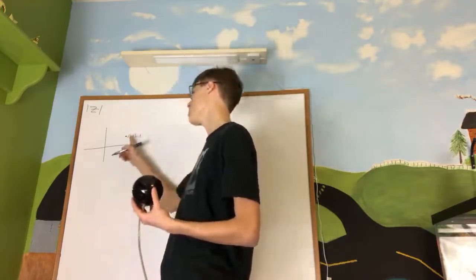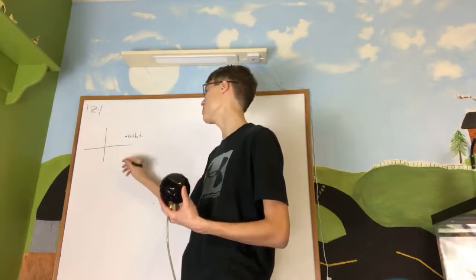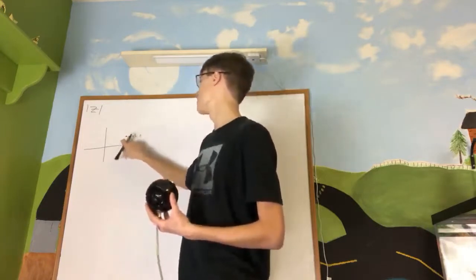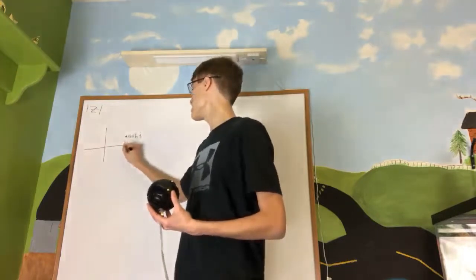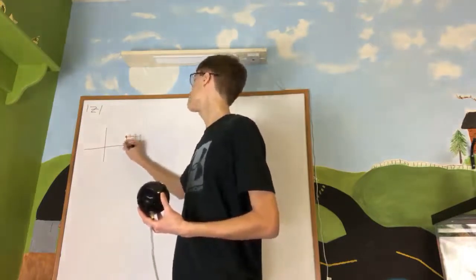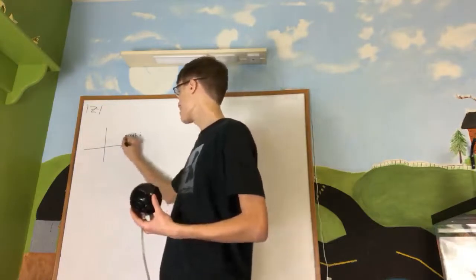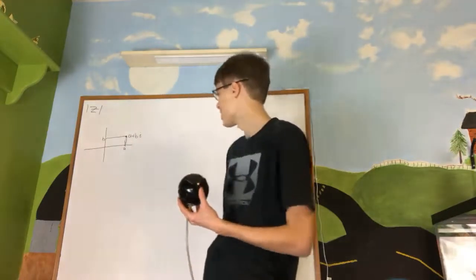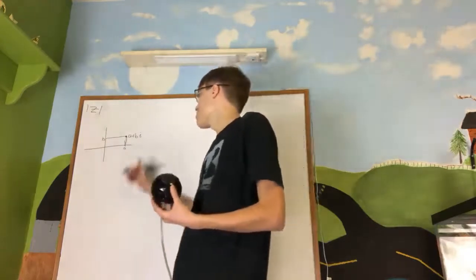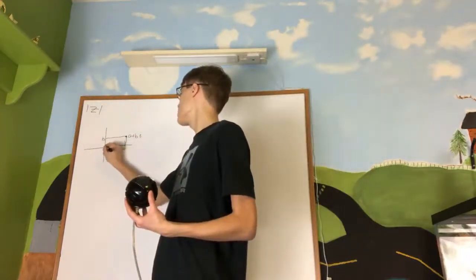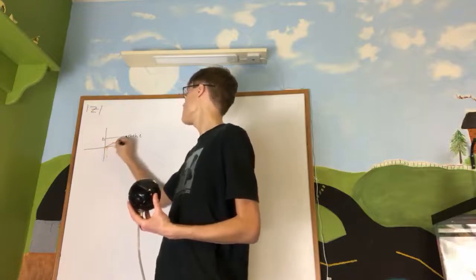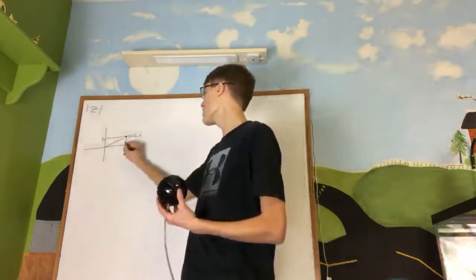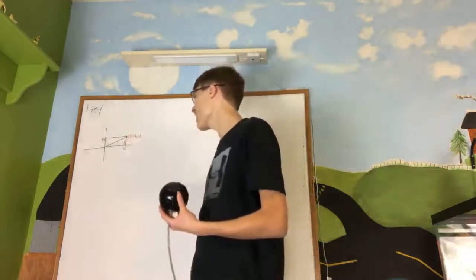So it has real component A, it has imaginary component B. So if I project, right here is A. If I draw a line straight down, that's A. And if I draw a line straight across, right there is B. Now, if I'm going to take the distance between that and the origin, it's going to be the length of that line right there. And you may notice that right here is a right triangle.